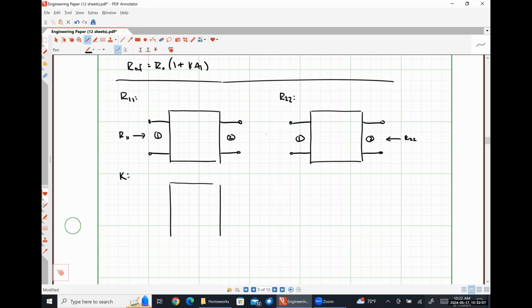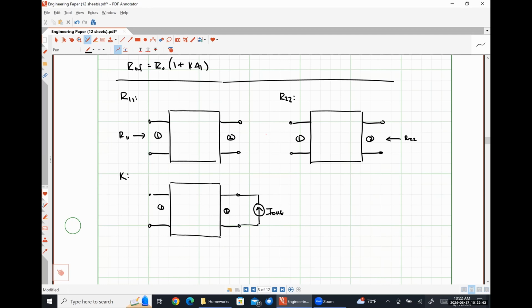What about finding my feedback factor K? So let's think about this really quickly. What is my expected output signal for a transconductance amplifier? It's a current, right? So that means we're going to apply a test current here that I'm going to call I out. What's my input signal?